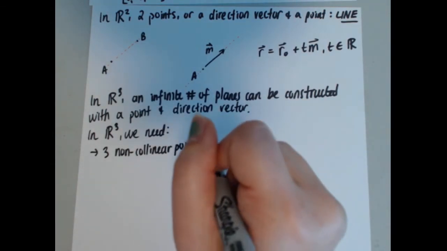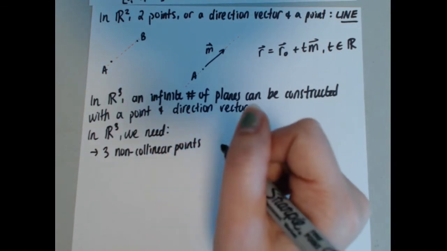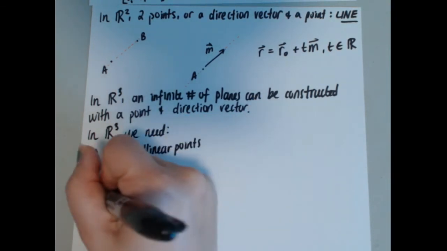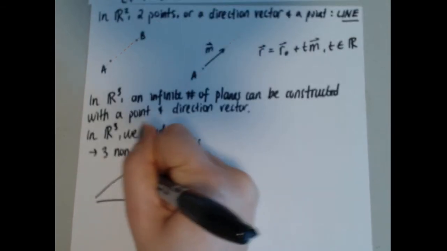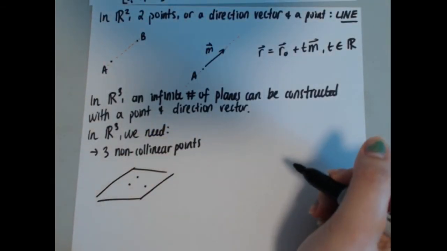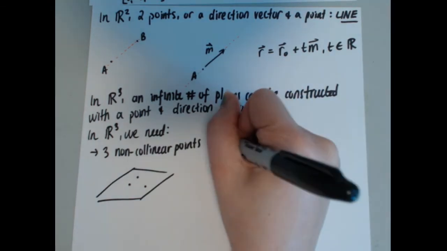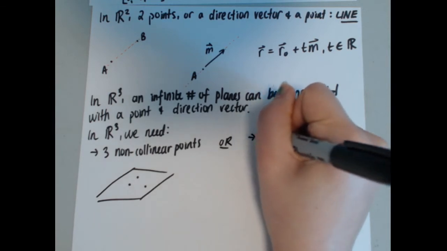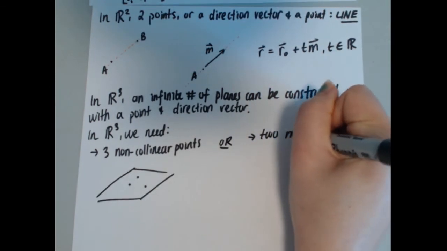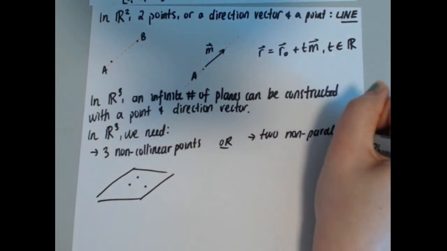If you have 3 points and they're collinear, that means they're lined up with each other. Okay, so 3 non-collinear points, so that would look something like this. Okay, so the only way to connect all 3 of those points is by drawing a triangle. You cannot obtain them using a straight line. Or you can have 2 non-parallel direction vectors.